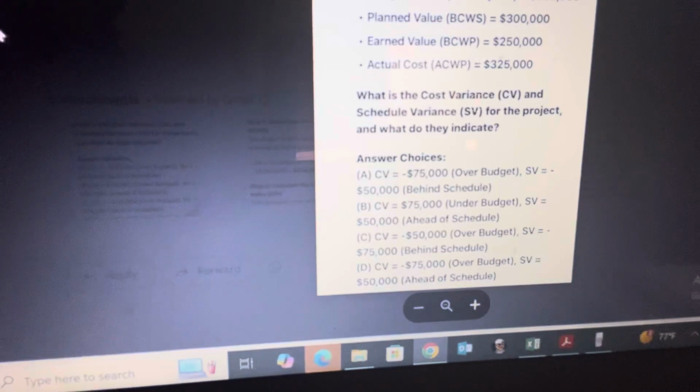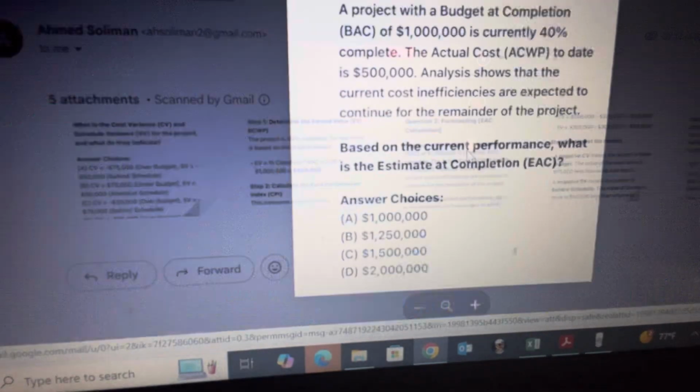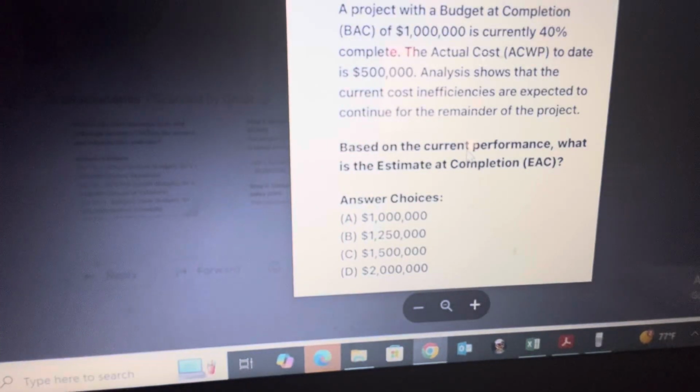Very simple application from the handbook equation. Question number 2 is in the forecasting analysis: a project with a budget at completion, BAC, equal to $1 million, is currently 40% complete.